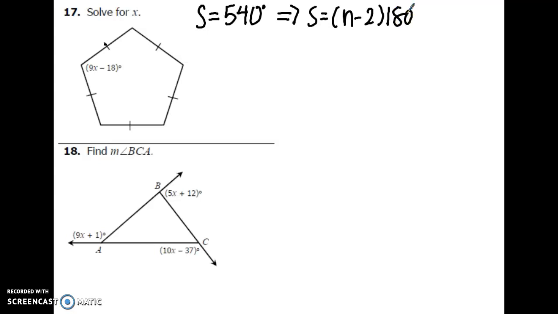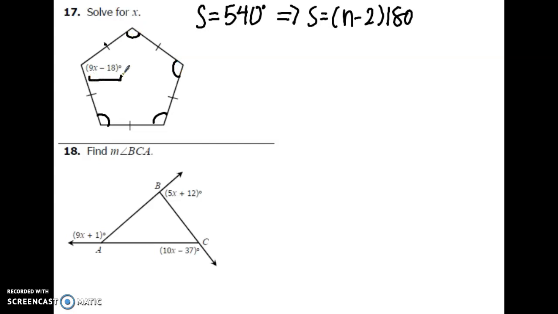However, what's different here is that you have your congruency marks. You have something like this on your test tomorrow. Every single one of these interior angles is going to be 9x minus 18.